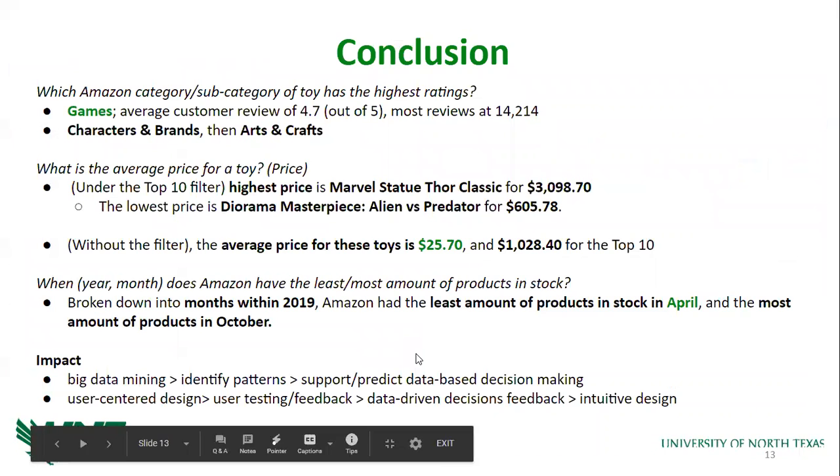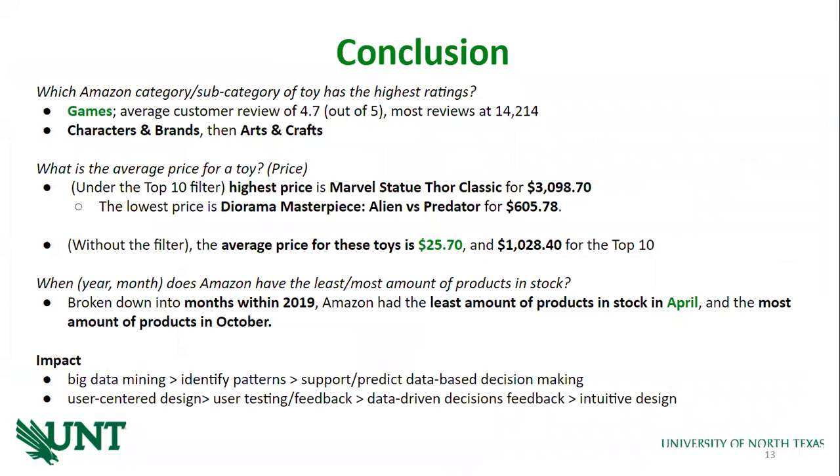As a conclusion, I'm an elf in the North Pole thinking about how I need to design this new toy. What we found is that when it comes to category, games have the most positive reviews and the most reviews. After that, it would be some kind of character or brand or arts and crafts. For the average price of a toy, I would think without the filter it's about $25.